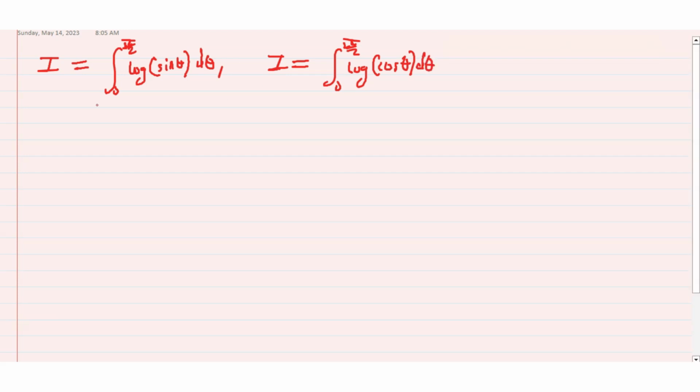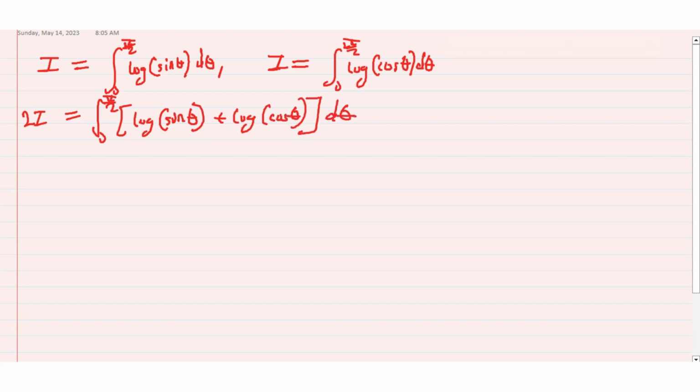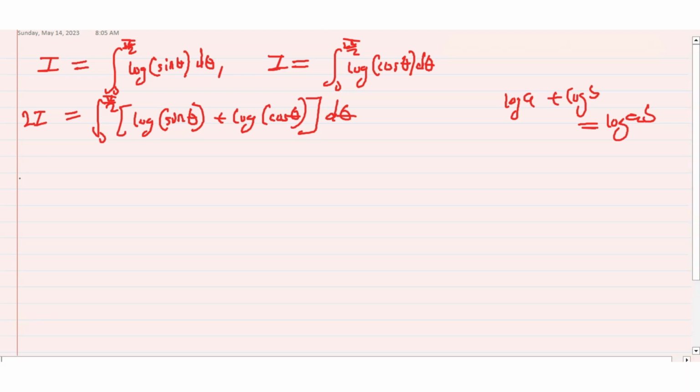Now when you add these two expressions, you get 2I equal to the integral from 0 to pi over 2 of the logarithm of sine theta plus the logarithm of what? Cosine theta, d theta. Now we can combine this because the logarithm of a plus the logarithm of b is the logarithm of ab when they are the same base, and here the same base is e. So what we have is that 2I would be the integral from 0 to pi over 2.